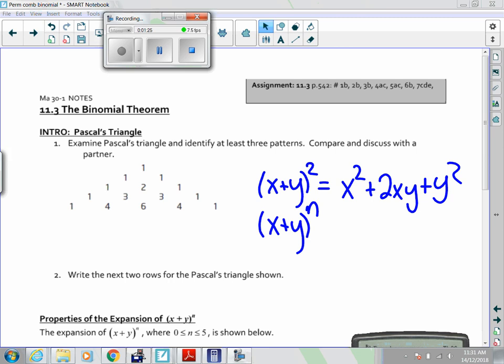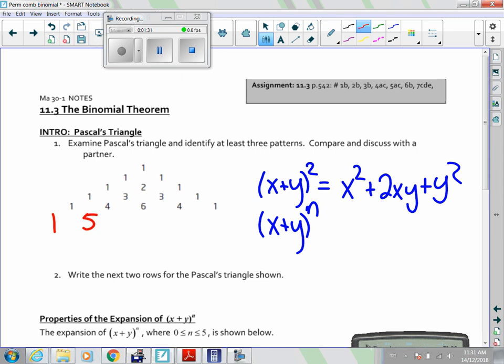All right, so we're going to just write in the next row here. This one would be 1, 5, 10, 10, 5, 1. Now you might be going, where are these numbers coming from? There is a really elegant pattern inherent in the triangle, and usually people start to see it as we go through.